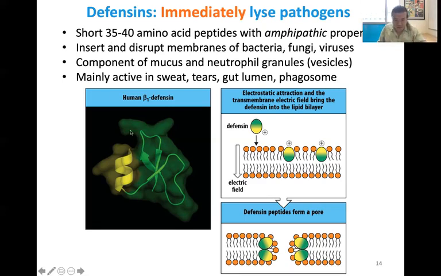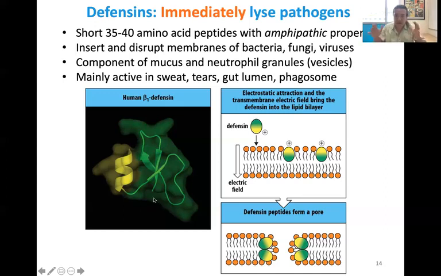And this is the structure of it. Both the yellow and the green, if you follow the ribbon around, I actually don't know which is the N terminal, which is the C terminal, but the point is you could follow it all the way around and it's one chain of 35 to 40 amino acids. But because of the nature of the amino acids, you have certain regions that have polar charged side chains off the amino acids and regions of this protein that are not charged and not polar.